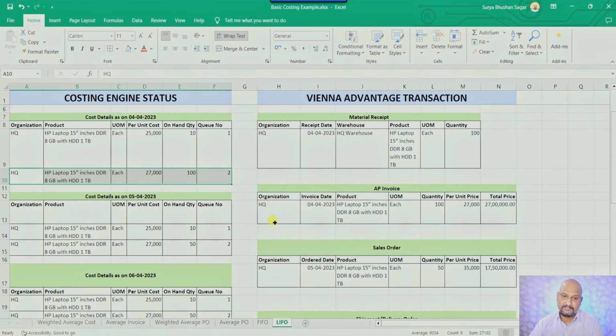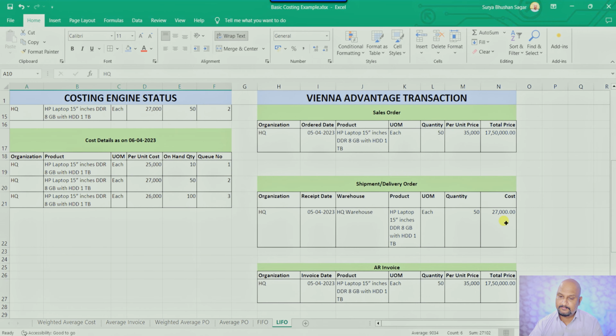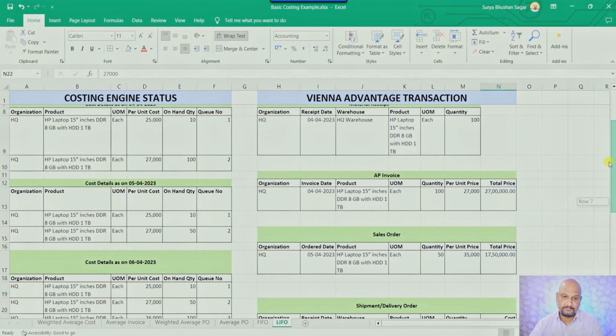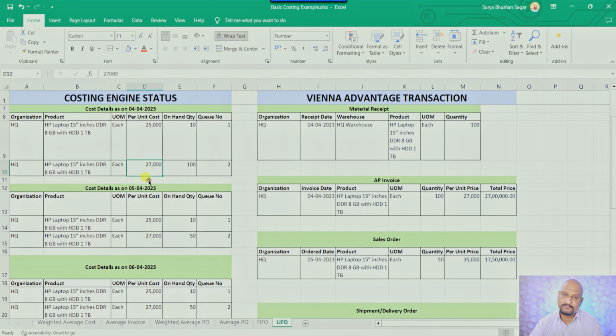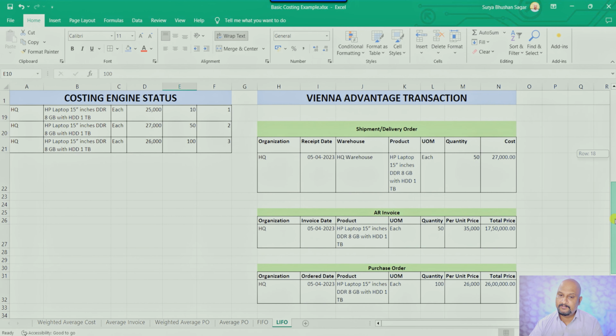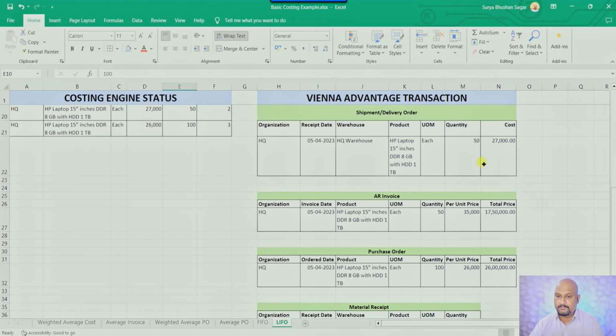So if I'm selling 50 quantities, the system will consider the cost as 27,000, and thereafter your COGS would be debited and your inventory account gets credited, and later on the AR invoice gets generated.